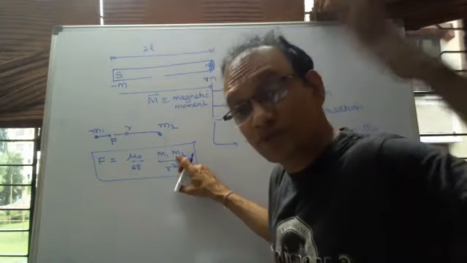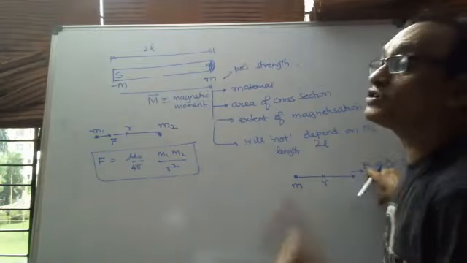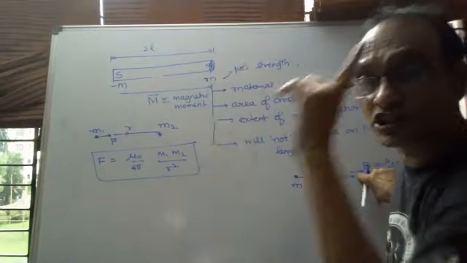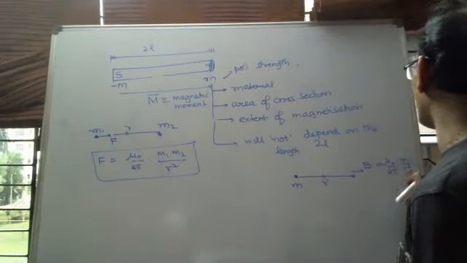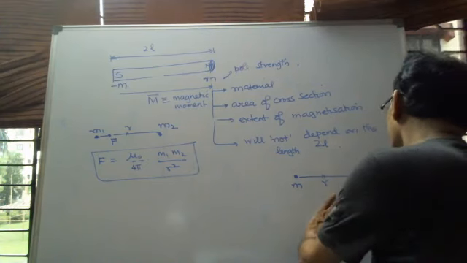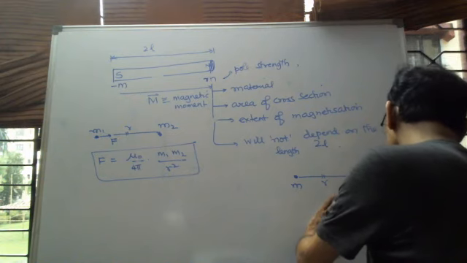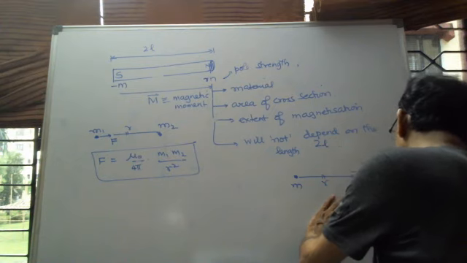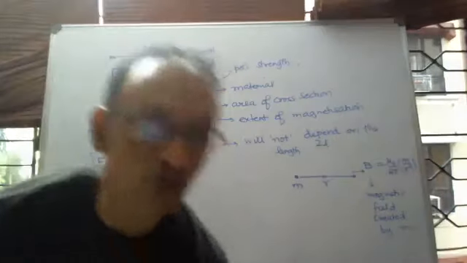There, it is the force experienced by unit positive charge; here, this magnetic field is the force experienced by a north pole of unit pole strength. B is mu naught by 4 pi M by R squared, the magnetic field created by a pole M of pole strength M, right?